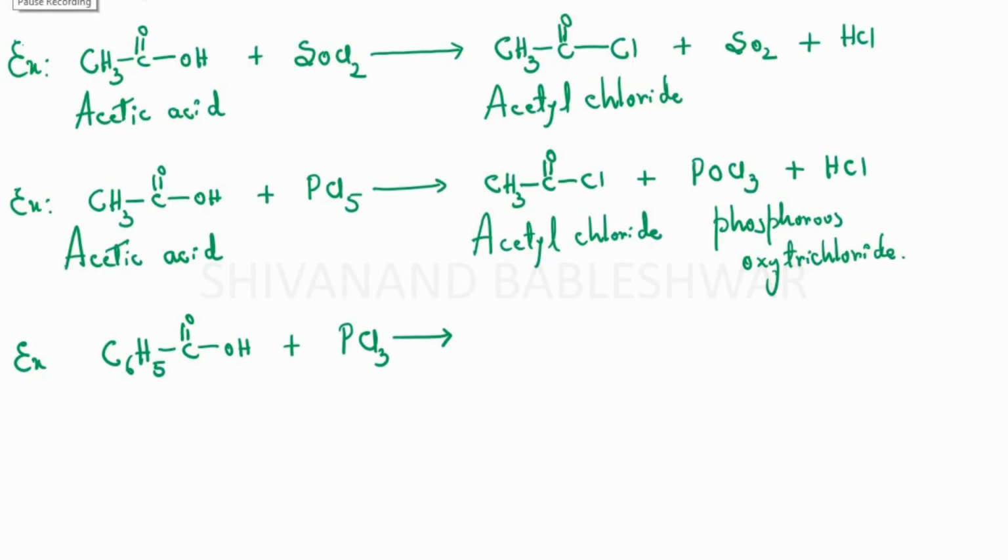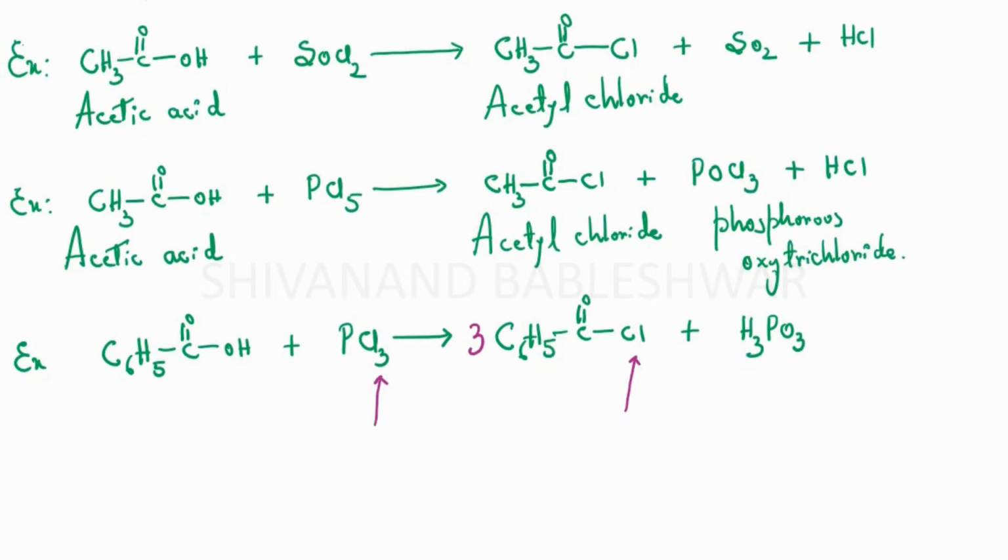So our product will now be C6H5COCl along with the formation of phosphorous acid, H3PO3. Now students, Cl on the reactant side is 3 times, but on the product side it is only 1 time.